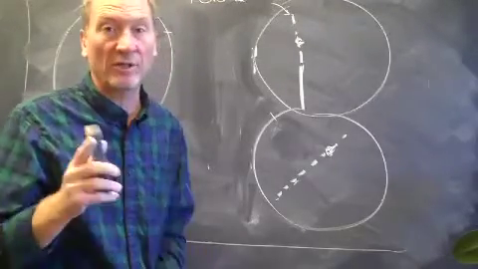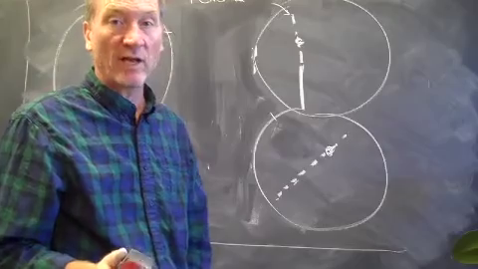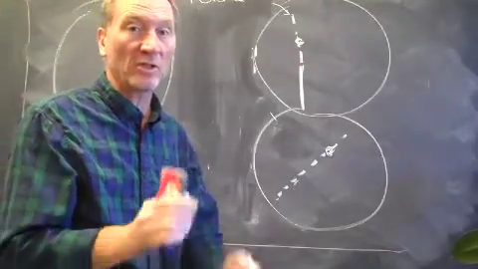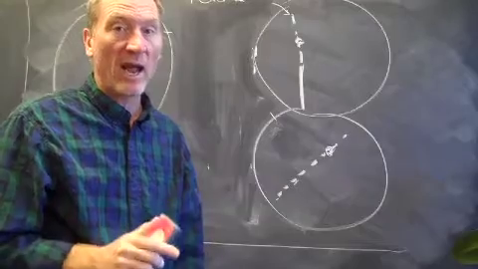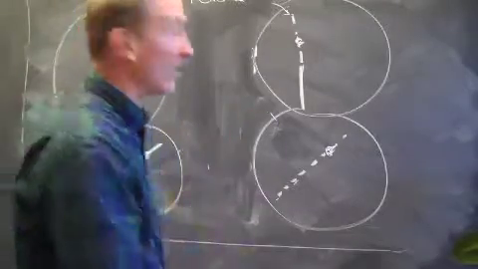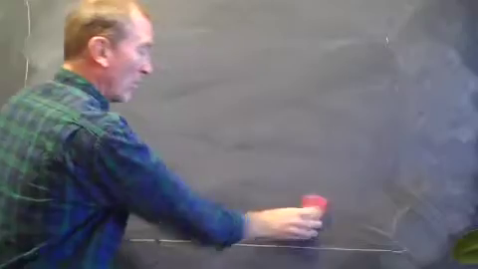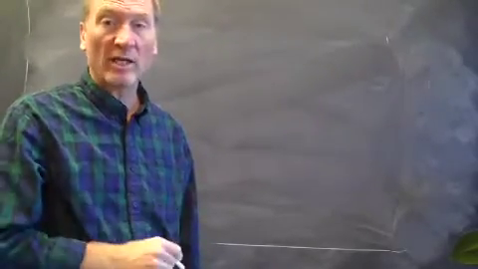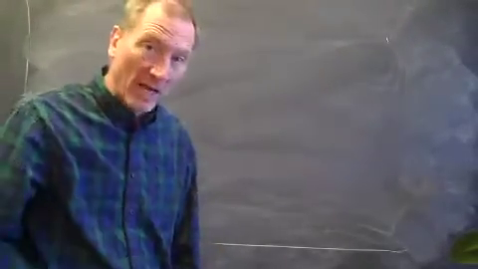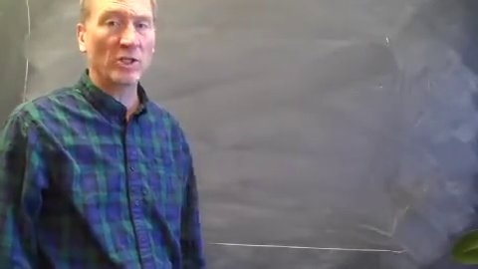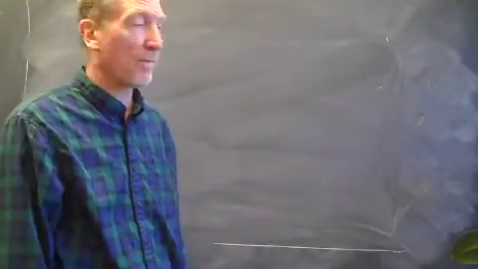Okay? Now, the second way that you can have genetic variation as a result of meiosis is independent assortment at anaphase 1. So let's take a look at that. This time, I'm going to use a straight line for one homologous pair and a wavy line for the other homologous pair, like I did in the previous video, just where I went through the mechanics of meiosis.